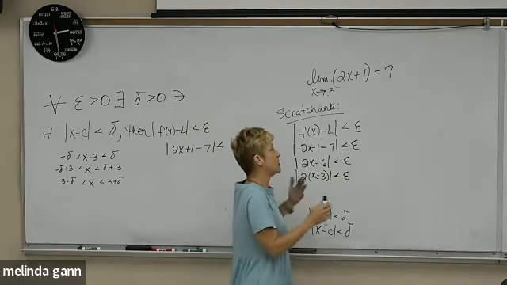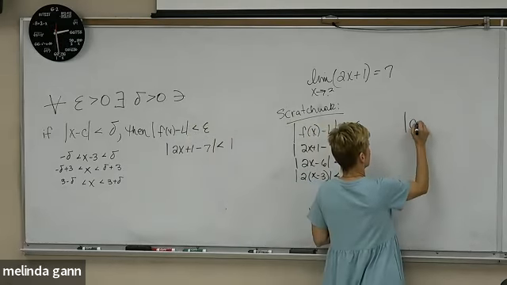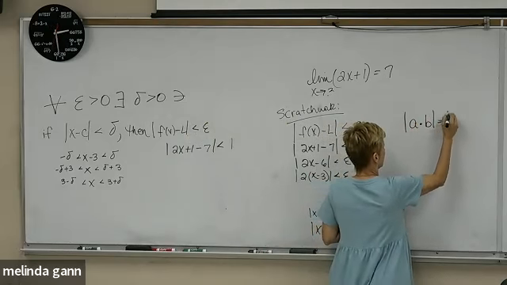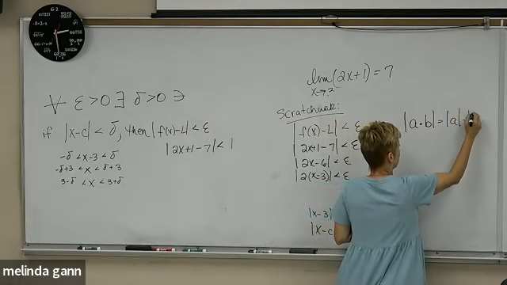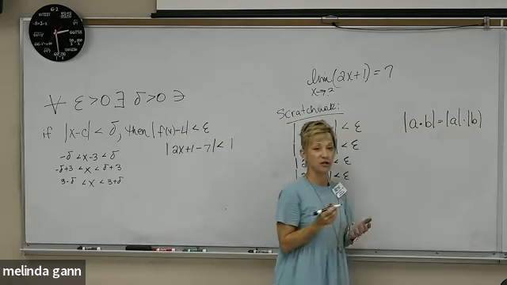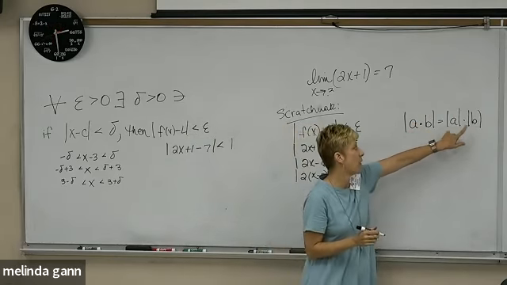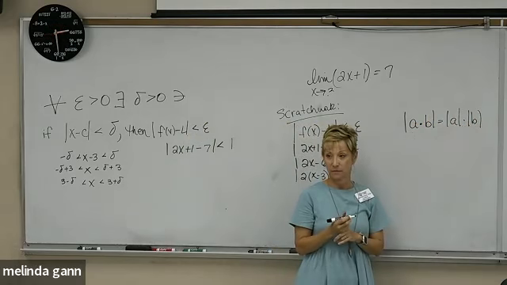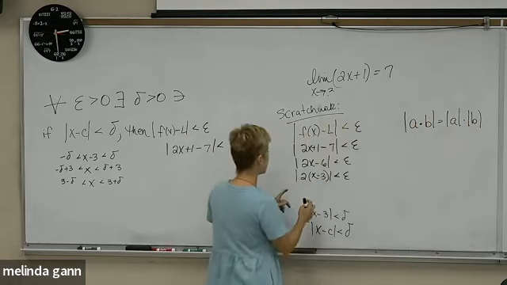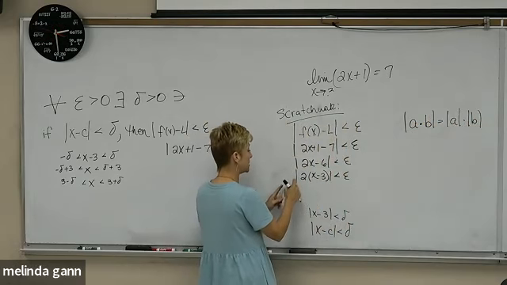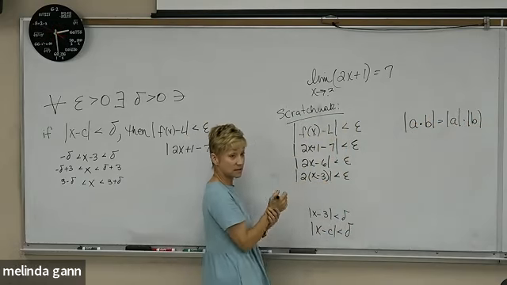Now, there is a theorem in algebra that says this. At some point, you should have learned that theorem. If you got the absolute value of a product, that is the product of those absolute values. So do you see that I have the absolute value of a 2 times the absolute value of that parenthesis?